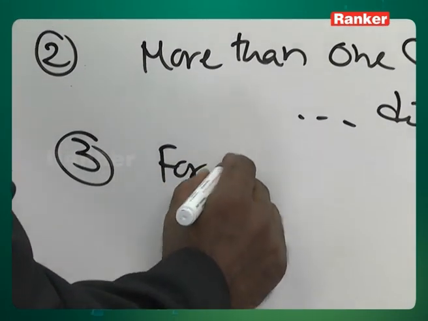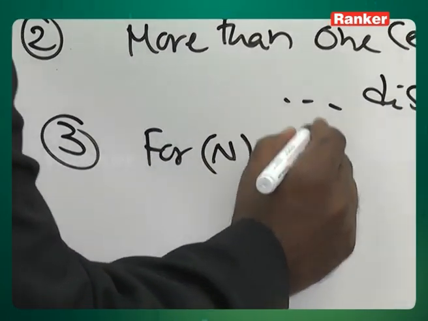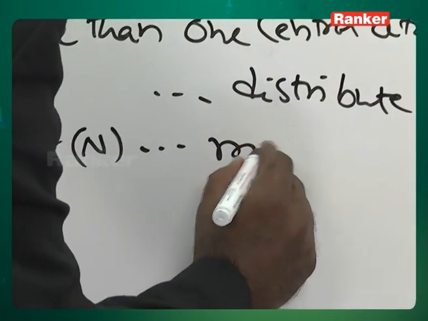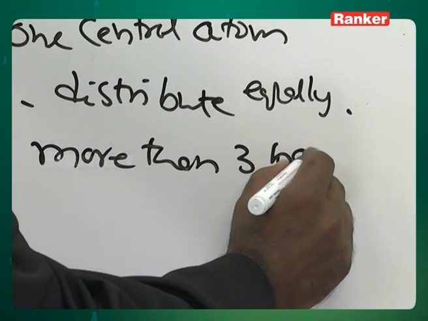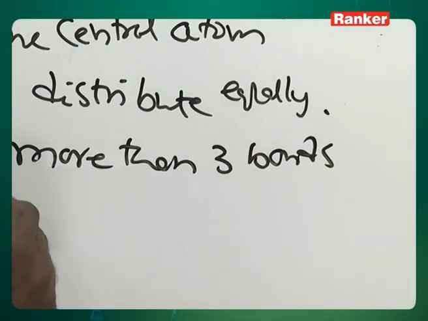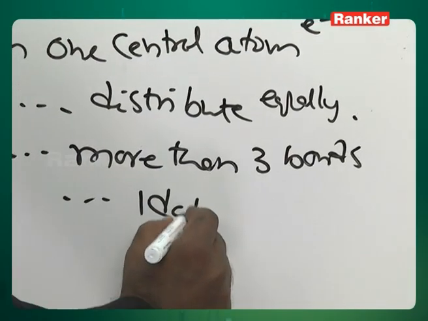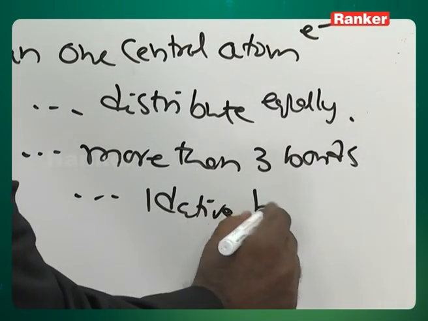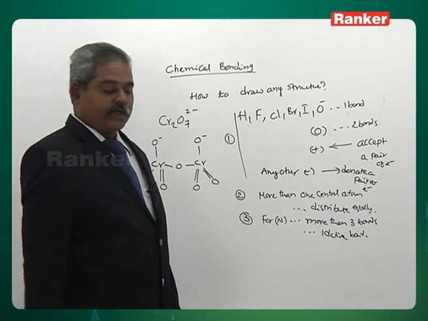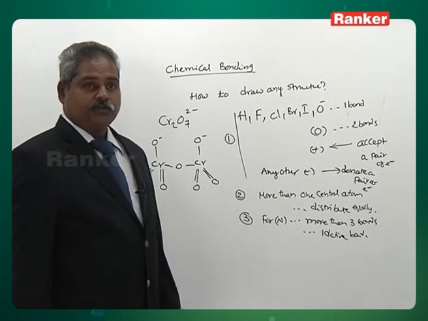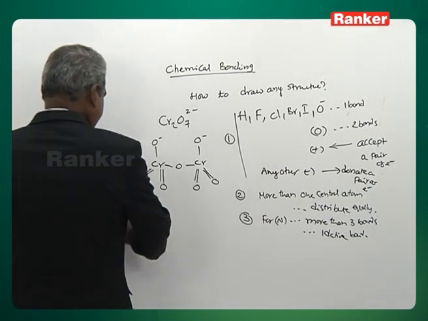For nitrogen, suppose you have more than 3 bonds, you need to have one dative bond. For nitrogen, more than 3 bonds, one of the bonds should be a dative bond. I tell you what.